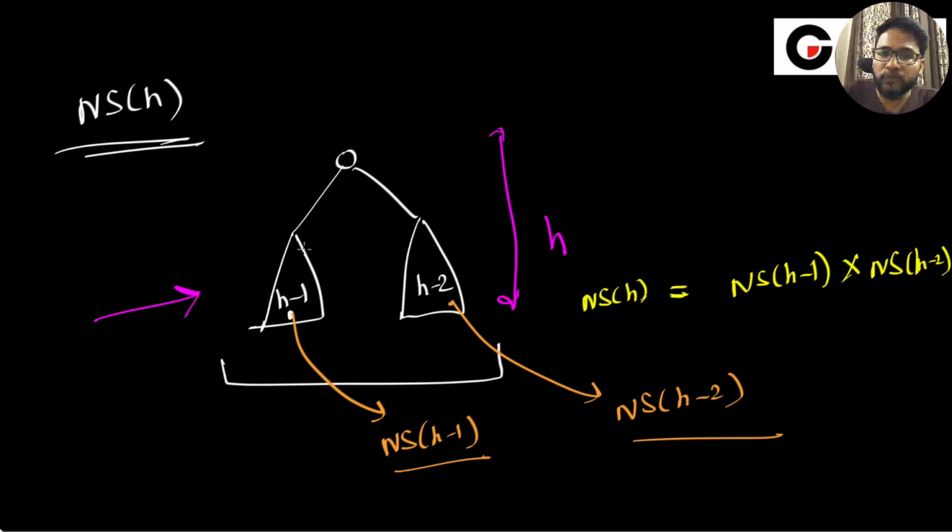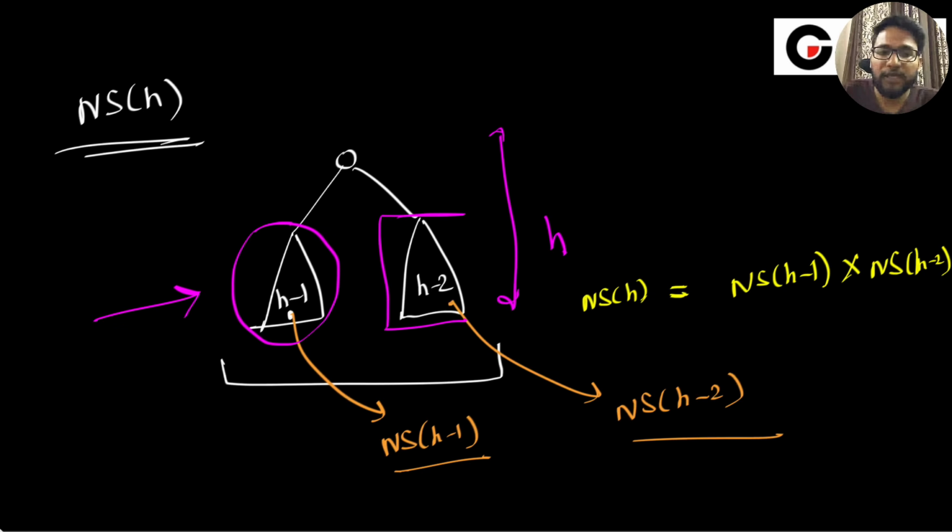Because if you fix, let's suppose, for h minus 1 some structure, then for every one of these structures there are NSH minus 2 structures possible on the right side, isn't it? Here you will be applying the product rule, not the sum rule. From combinatorics you must know why the product rule is applicable here, because for every one of these structures there are NSH minus 2 structures possible.